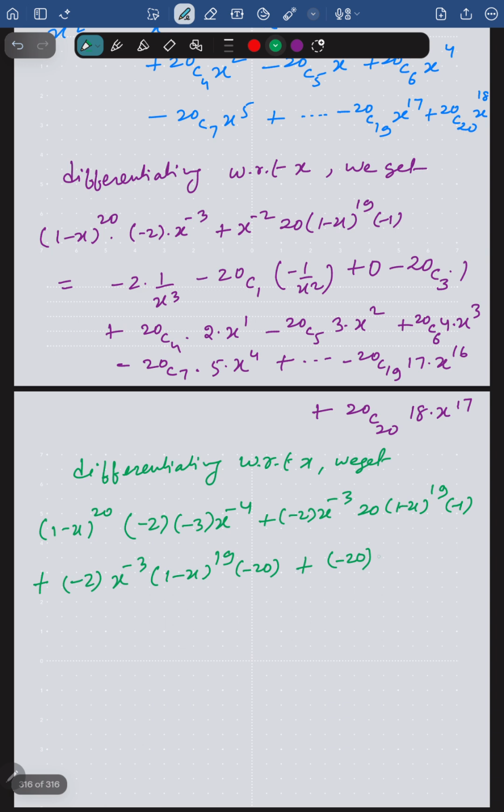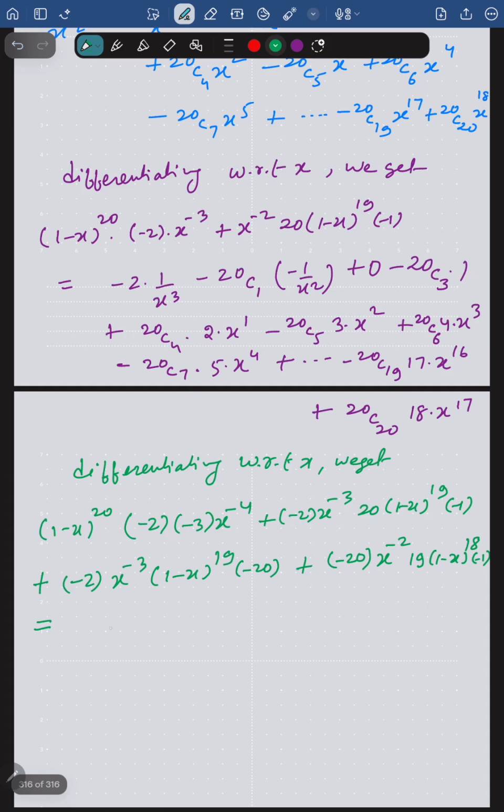Now we will differentiate x power minus 2 will be as it is, and we will differentiate 1 minus x power 19. So that will give you 19 into 1 minus x power 18 into minus 1. This is the complete differentiation of left hand side.